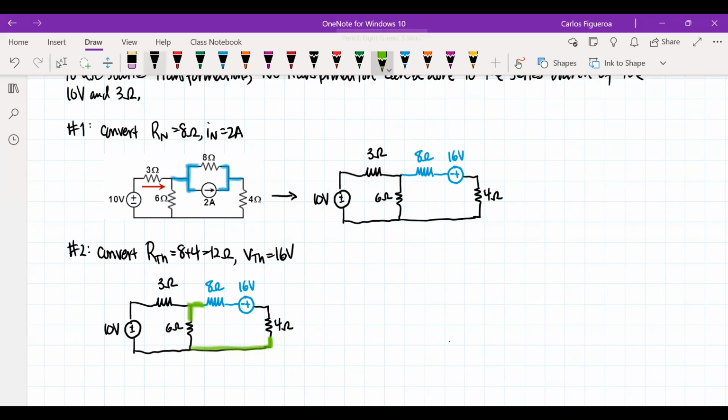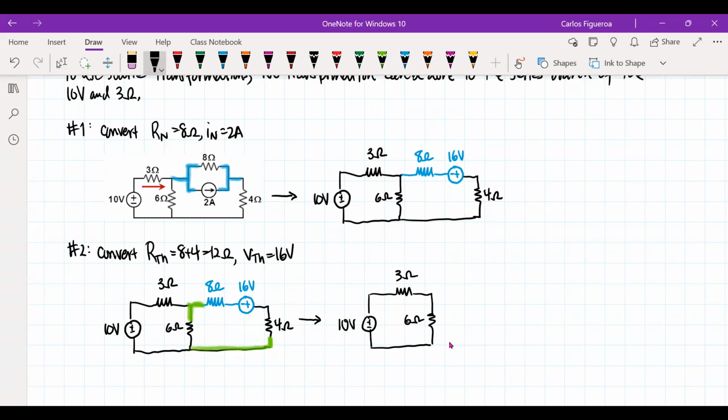Now I'm going to do my source transformation. The resistance is still the 12 ohm, but now it becomes a Norton resistance, which is parallel. So I have my 10 volt, my 3 ohm, and my 6 ohm. Here's my 3 ohm, here's my 6 ohm.